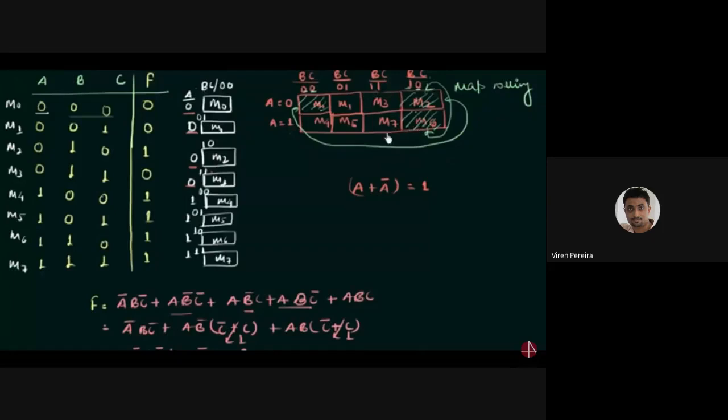The adjacency follows between the two adjacent cells in this way and in this way, and also between the two end cells. In this way these two are the same and these two are the same. Not the same means two variables are the same, one variable is changing. So this is all about the map formation.